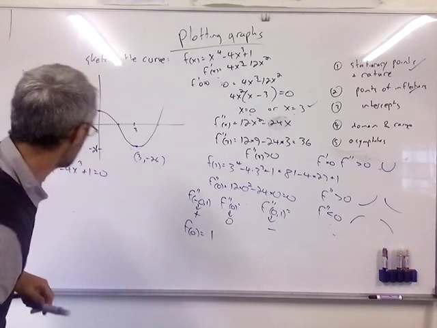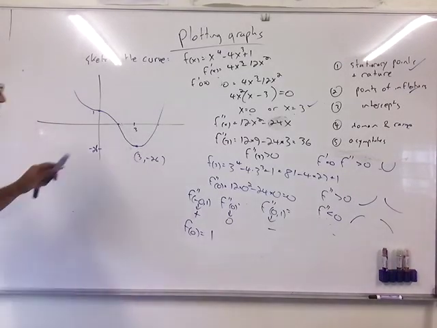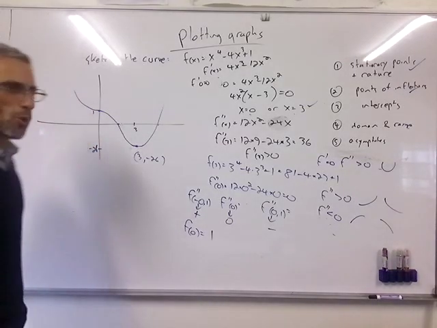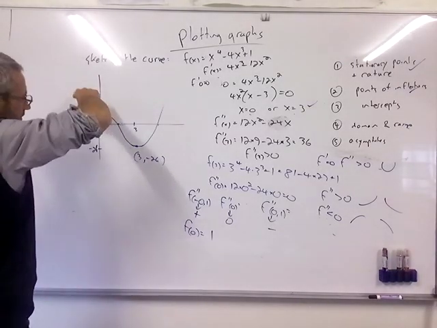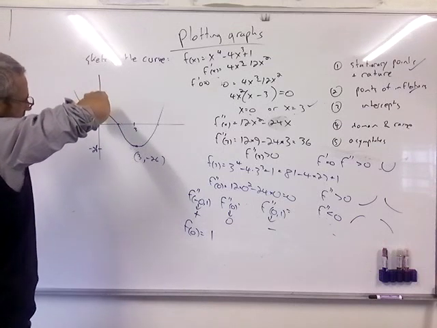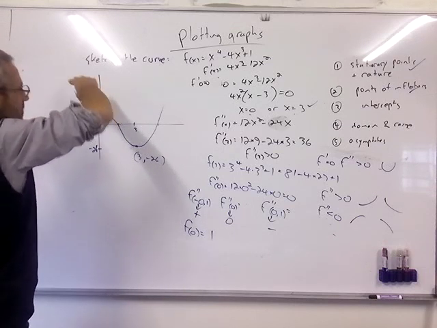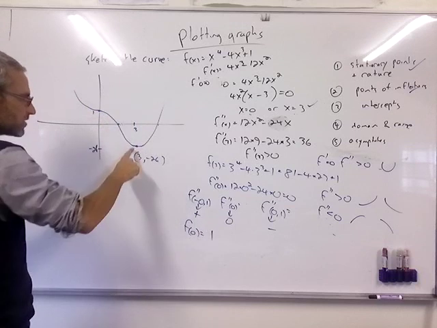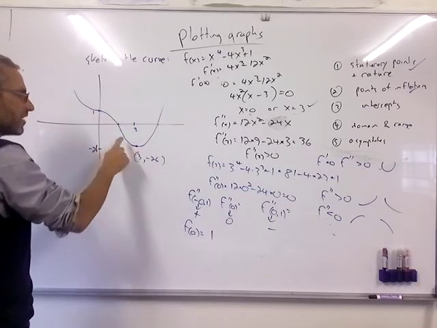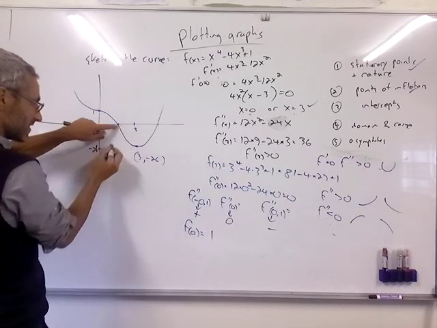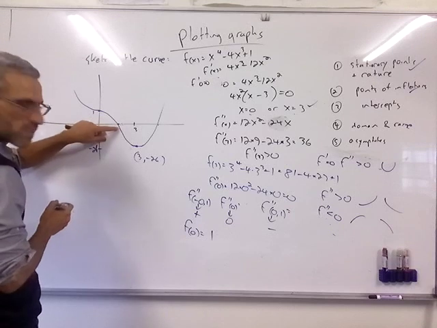What I'm more interested in doing right now is finding another point of inflection, because look, this is concave down, and then concave up, concave down. Now this is concave up, so there must be some point of inflection. It doesn't necessarily need to be on the y-intercept, but it's somewhere there.